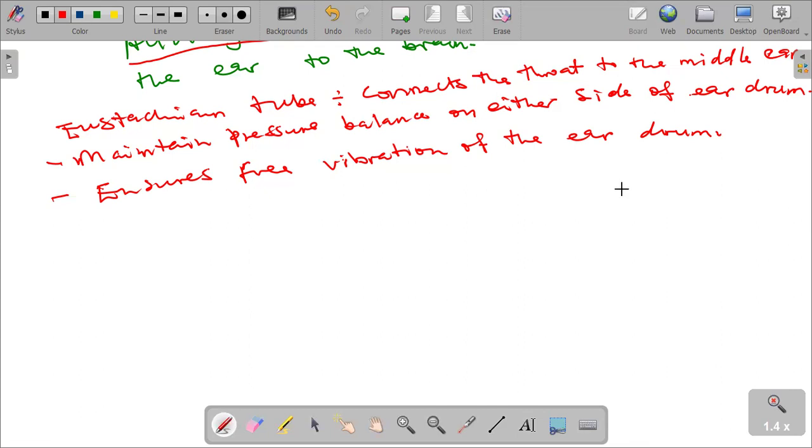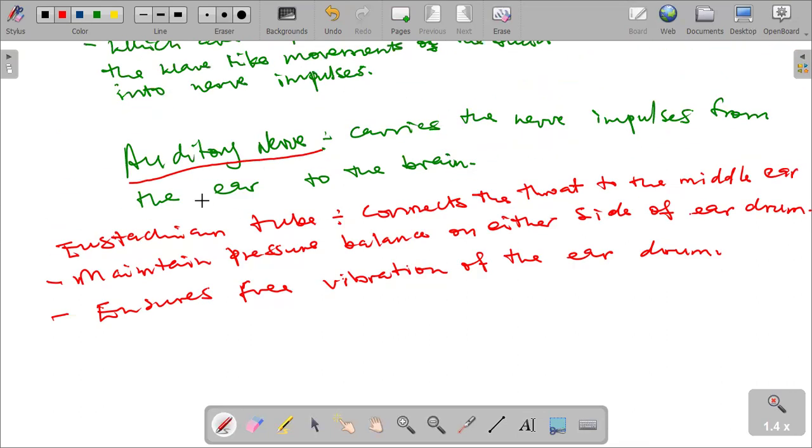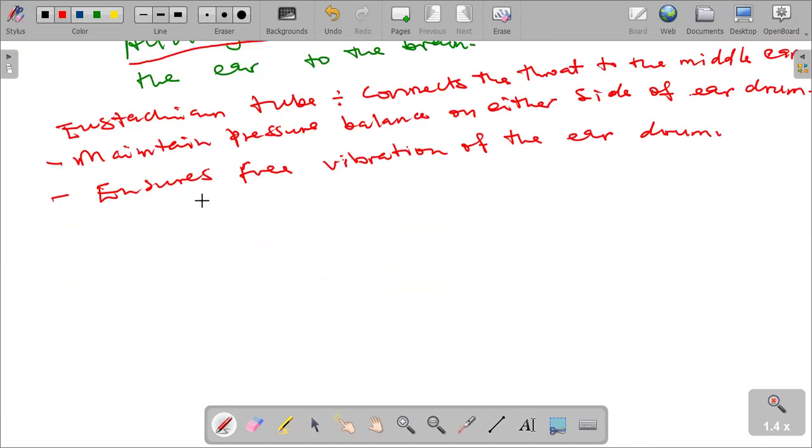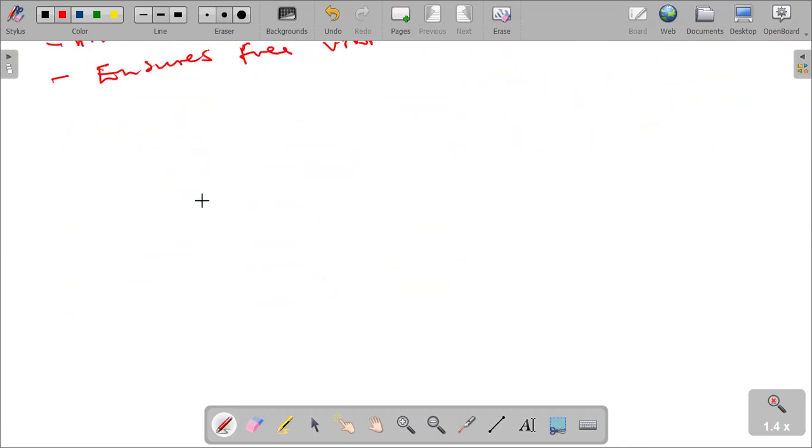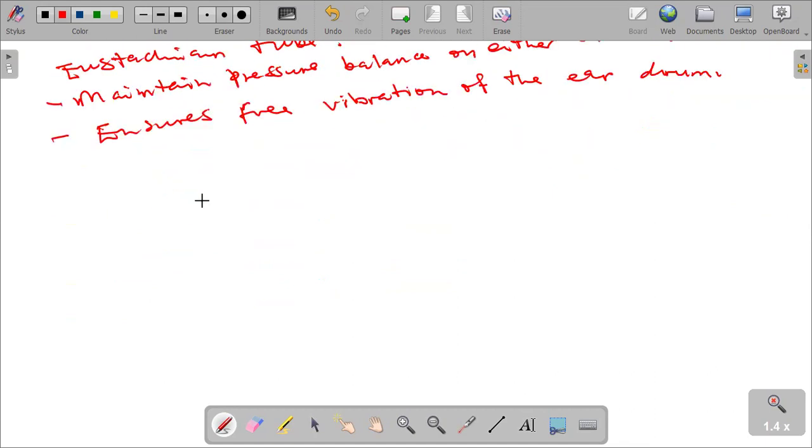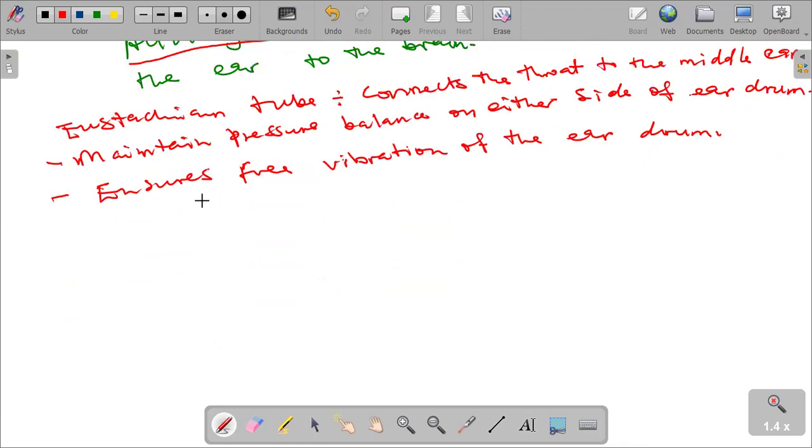So we need to understand that the eustachian tube is one key part that is important in the working of the ear, because sound must be built up through the vibration of the tympanic membrane, which vibrates as sound enters through the external auditory canal and is directed towards the oval window.